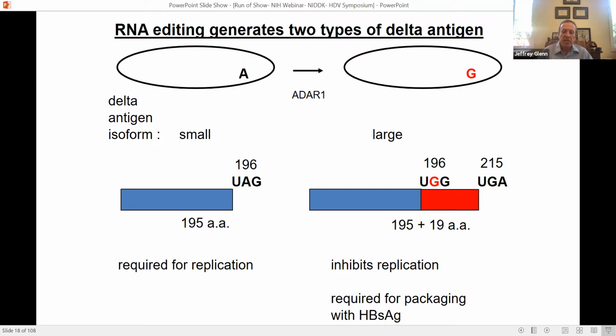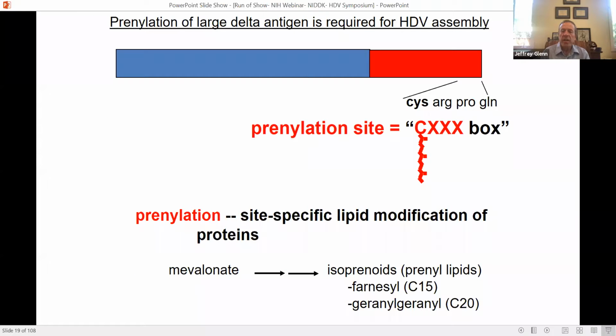So the small antigen is required for replication. The large antigen is a transdominant inhibitor, and only the large delta antigen can mediate packaging with the HBV surface antigen protein. And the molecular basis for that is exemplified on the next slide, where within that extra 19 amino acids that's added to the C terminus is a so-called CAAX box. The last 4 amino acids is cysteine with 3 other amino acids.